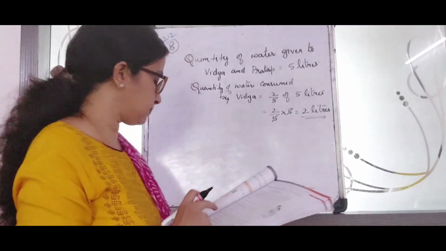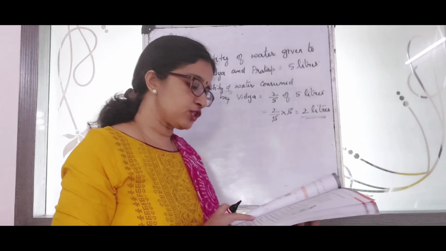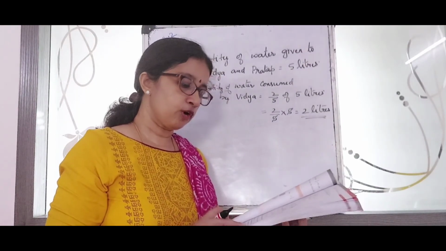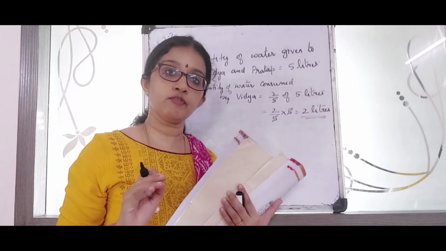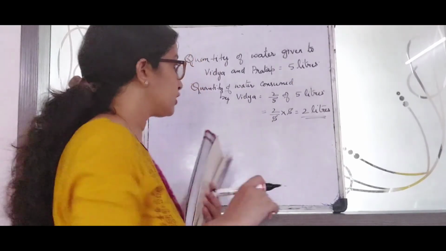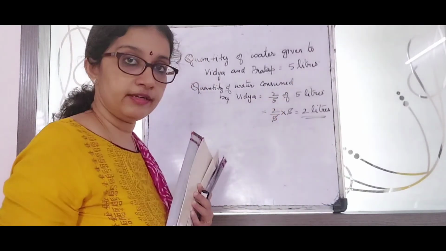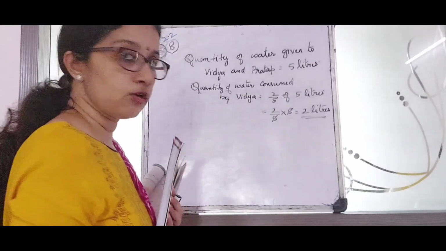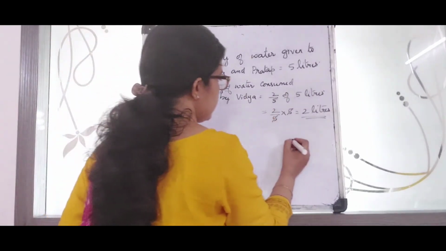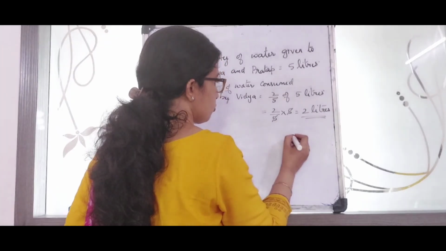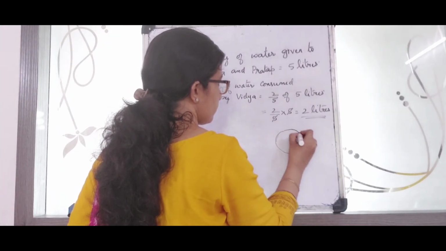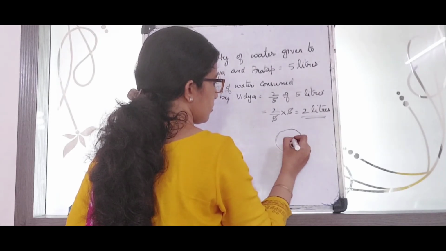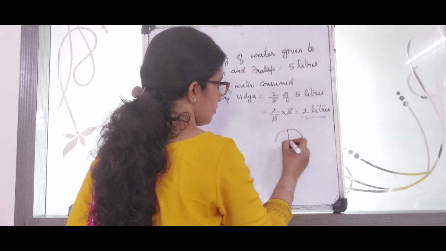What is the second question? What fraction of the quantity of water did Pratap drink? Vidya drank 2/5 of the water, right? Correct. So let's assume this is a circle.